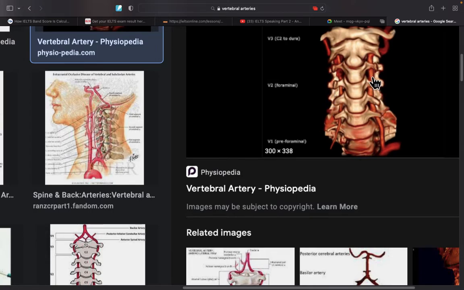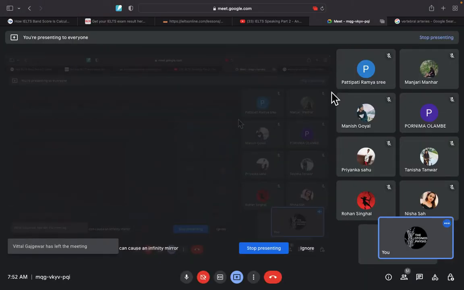And since we don't have any transverse foramen in the transverse process of C7, that is one of the reasons why we say that C7 is an atypical type of cervical vertebra. Okay, sir. Yes, there can be other reasons as well. Can anyone tell me what the other typical features of cervical vertebrae are?